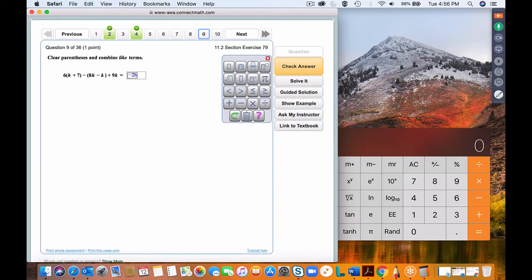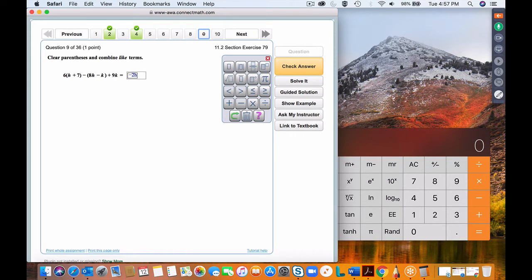I have to subtract, and the sign of the big number is the one that is going to be in the final result. 6h minus 8h is equal to minus 2h.